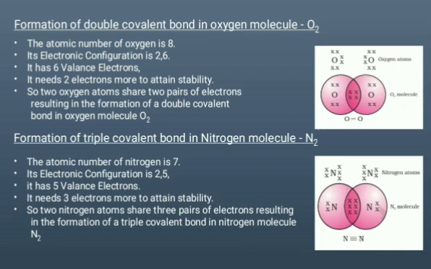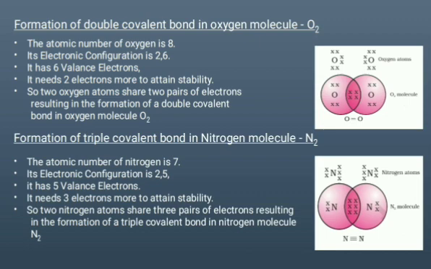So, two oxygen atoms with 6 electrons each mutually share 2 electrons, resulting in the formation of a double covalent bond in the oxygen molecule.